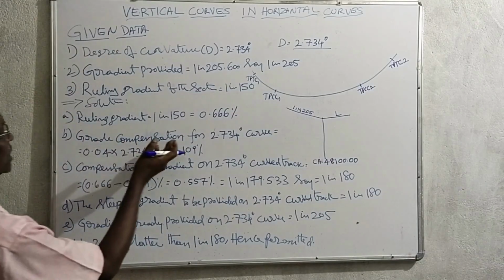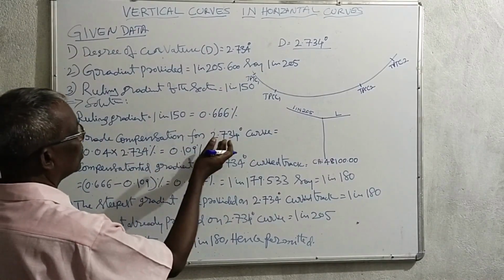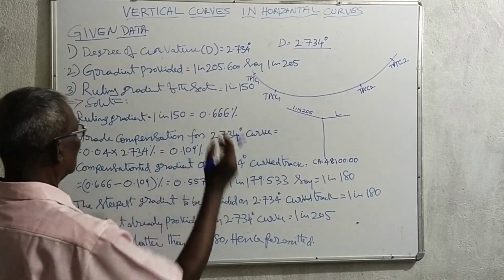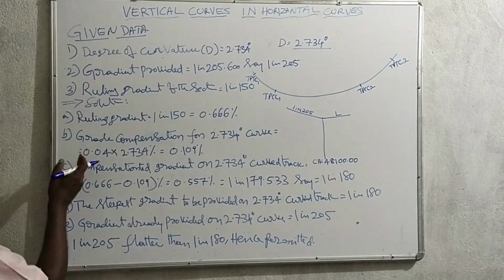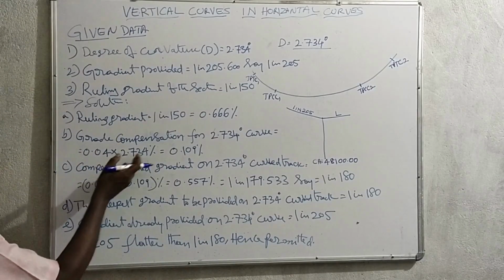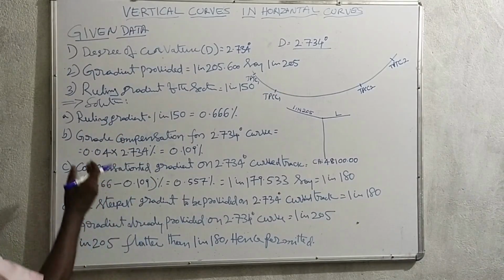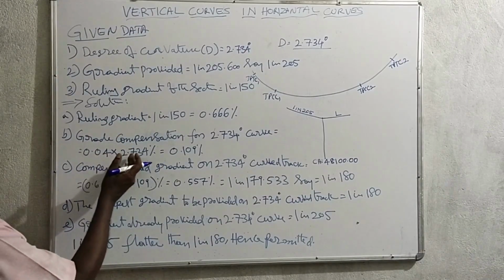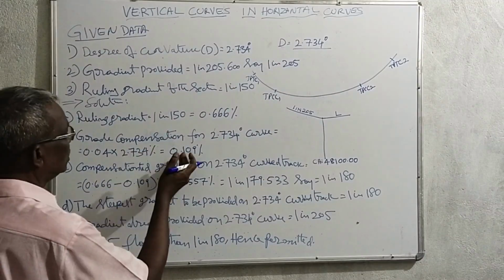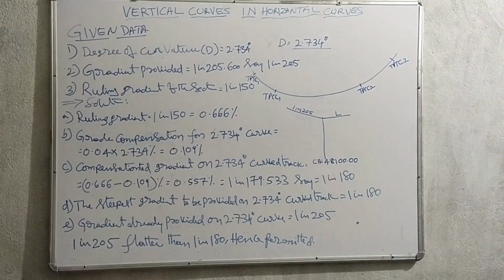Next, grade compensation for a 2.734 degree curve is equal to 0.04 into the degree of curvature percent. That is 0.04 into 2.734%, which is 0.109%.